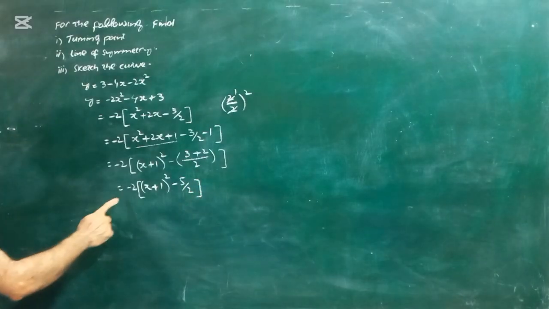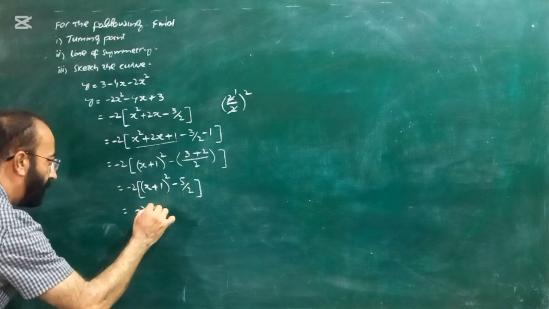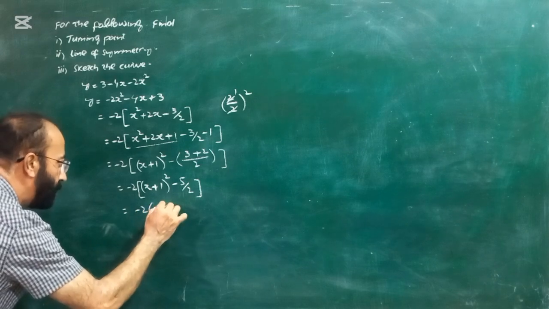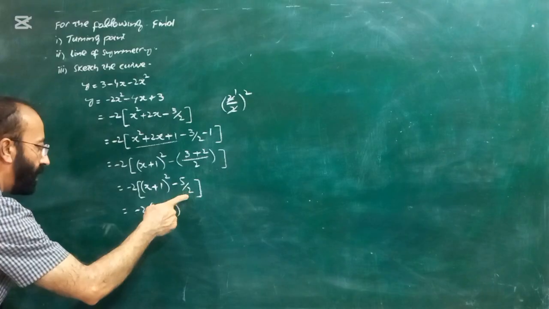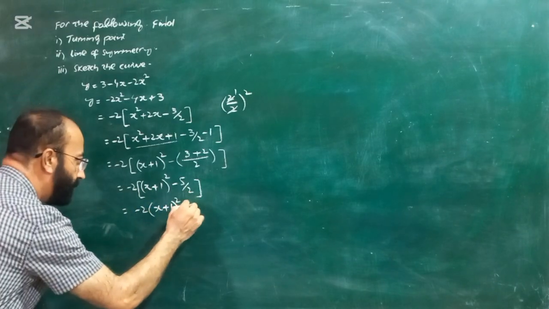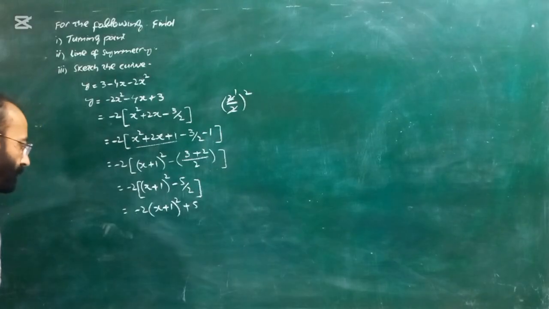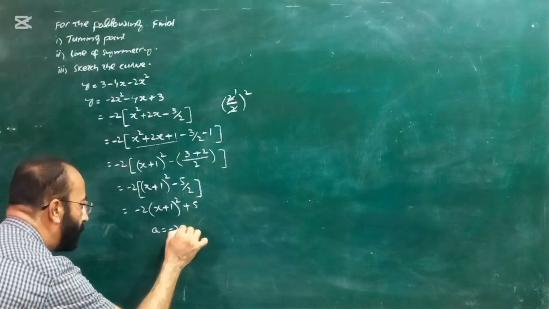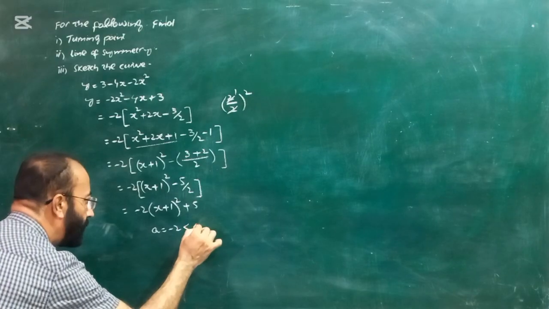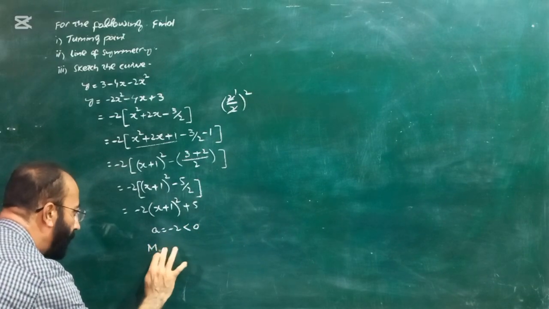Next step will be to multiply minus 2 inside the bracket. So the thing will become now minus 2 into x plus 1 whole square. This minus 2 will be multiplied by this one, so minus minus plus, and 2 will be cancelled by this. So here will be 5 now. Now because a is equal to minus 2, which is less than 0, so the point will be a maximum one.